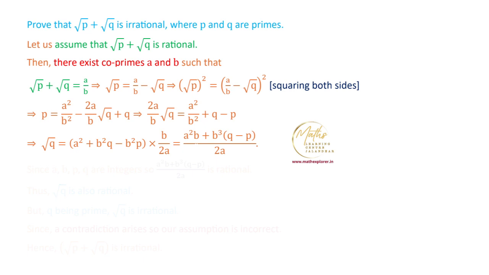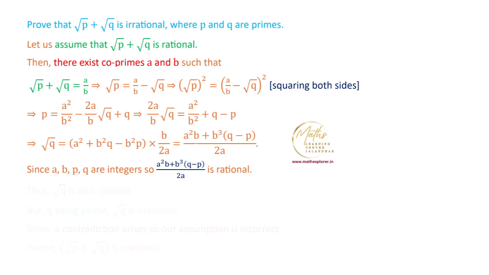Now all these terms a, b, p, q are integers. It means that this whole term, a square b plus b cube into p minus q divided by 2a, is a rational number.